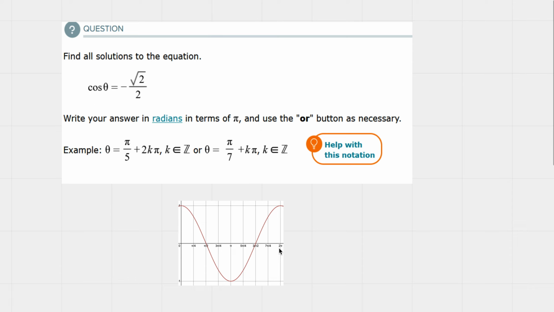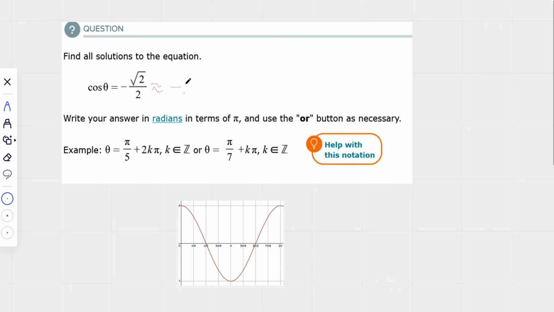If I'm looking for where the cosine of theta equals negative square root of 2 over 2, do you know what negative square root of 2 over 2 is? It's approximately negative 0.7.